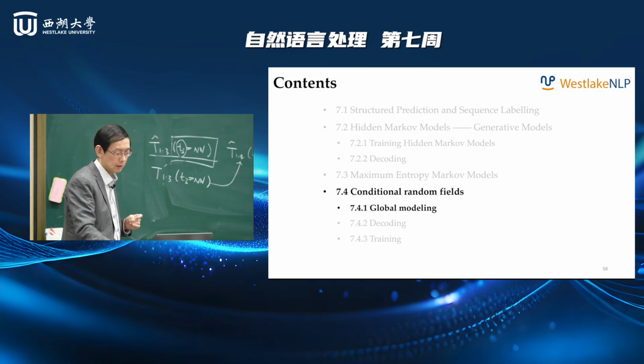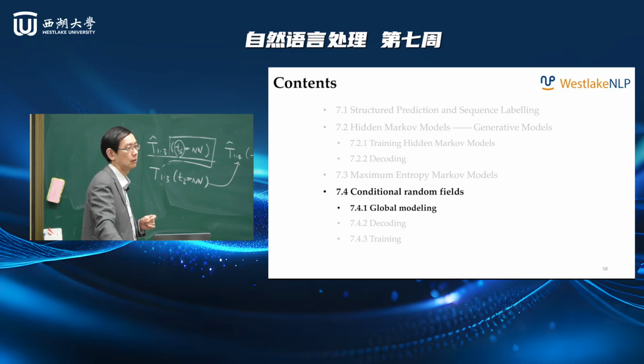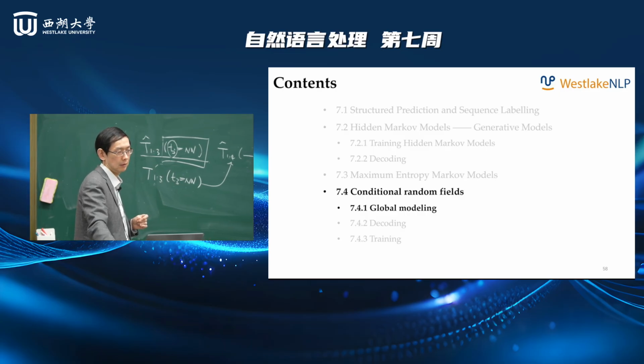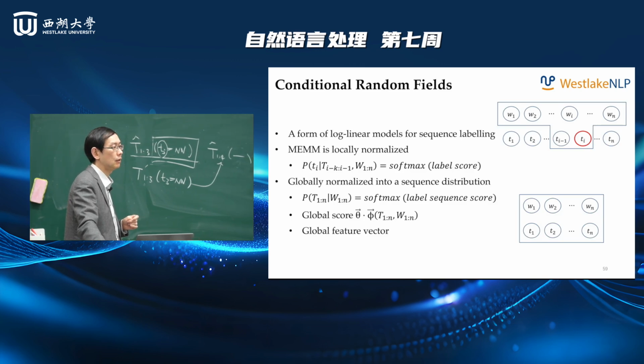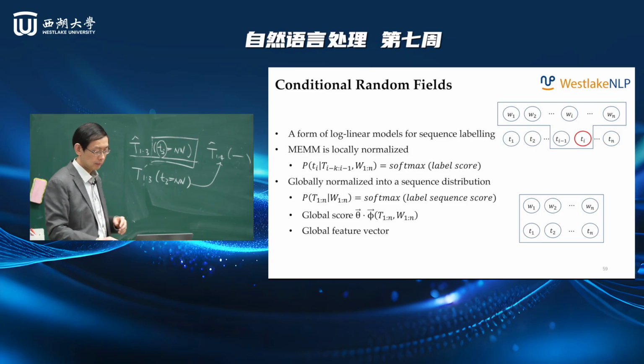This is the conditional random field, CRF, which dominated the structured prediction problem over many, many years. It's not until 2015 that the first neural method beat conditional random field. Okay.